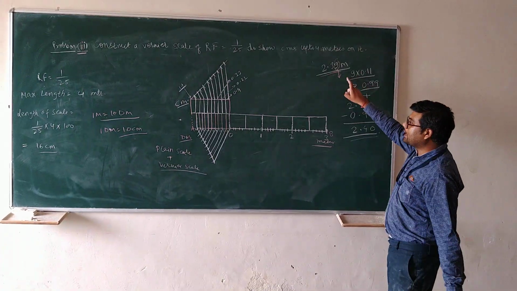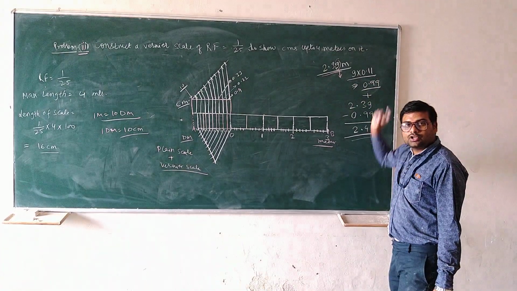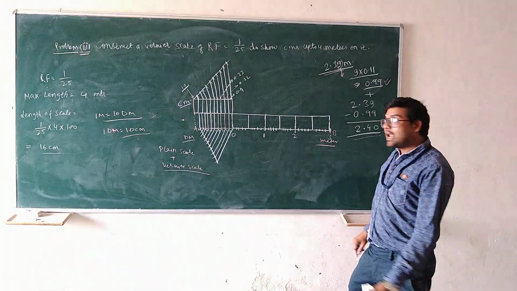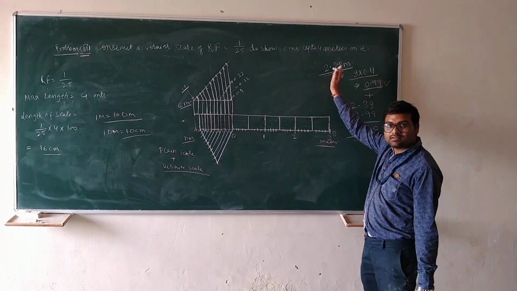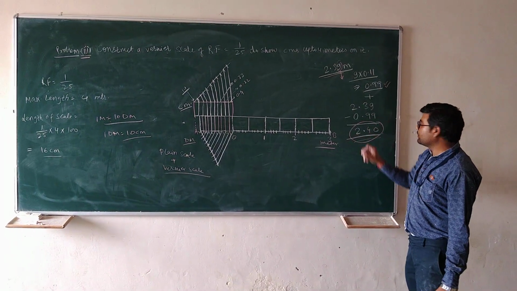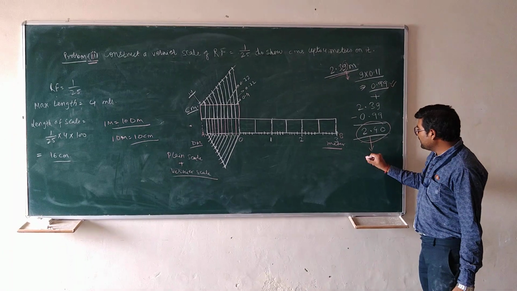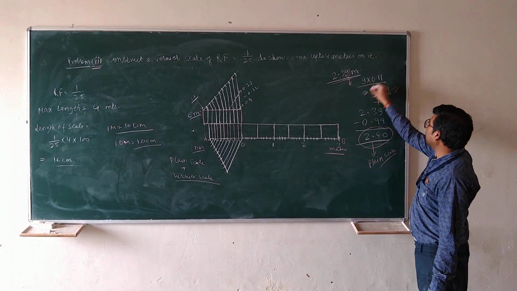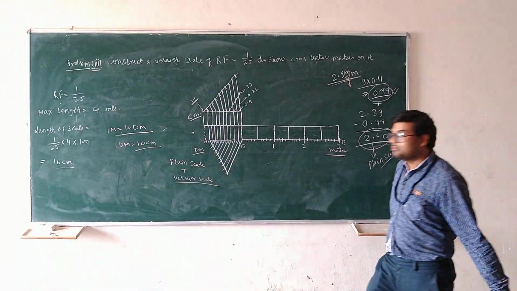So we have to multiply it by 0.11. So it is 0.99. We have to subtract this from the original number. So this is 2.4. This is the plain scale measurement, and 0.99 is the vernier scale measurement.